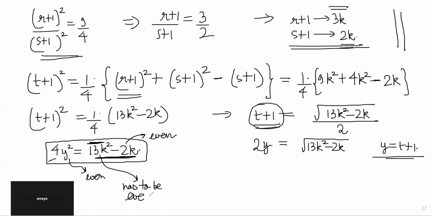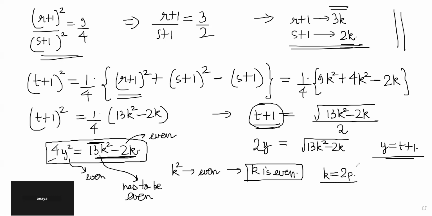So we know 13k square has to be even, which means k square has to be even. If k square is even, that means k is even. And if k is even, we can write k is equal to some 2p for now.